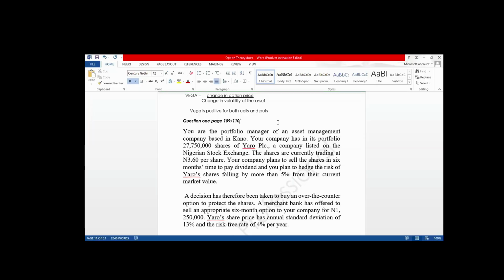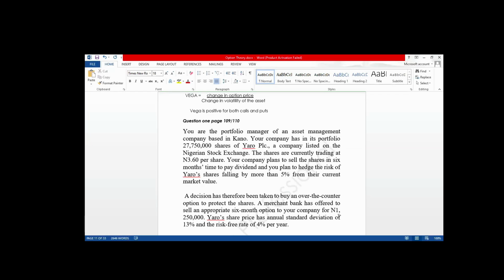You plan to sell the shares in 6 months' time to pay dividends. And you plan to hedge the risk of Yaro shares falling from their current market value. You are hedging against a 5% fall in share price.